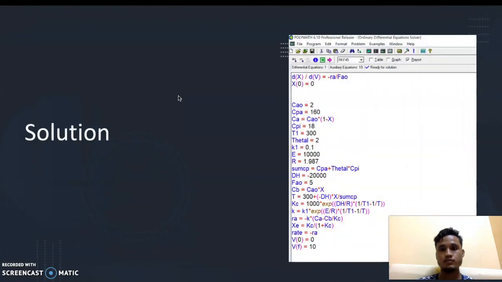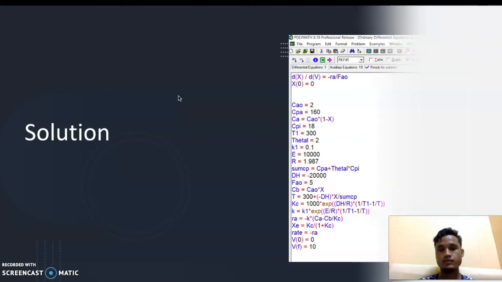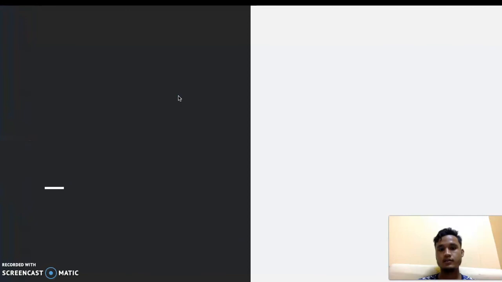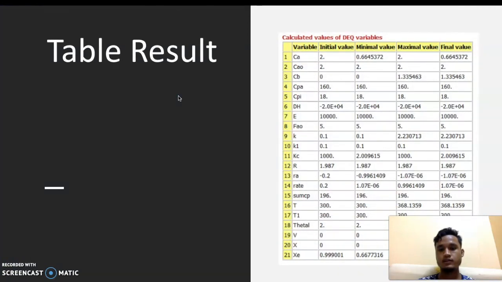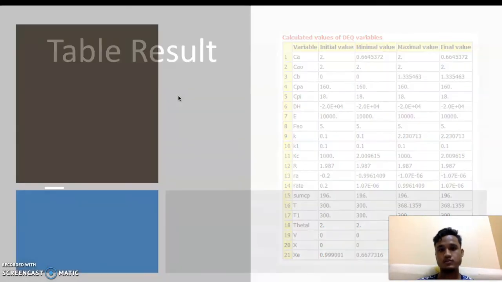As we are using Polymath, this is how it looks after we key in all the data into the Polymath system. After that, we run the data and we will get this table. As we can see in the table at number 20, the final conversion is around 66%.